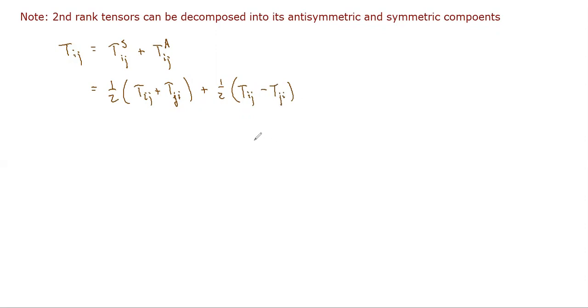I think that's the proof right there, because you can explicitly show that this is symmetric and that's antisymmetric. Then when you add them up, the Tji piece goes away, but the Tij piece stays, which is what you wanted in the first place. Okay, so only true for second rank tensors.